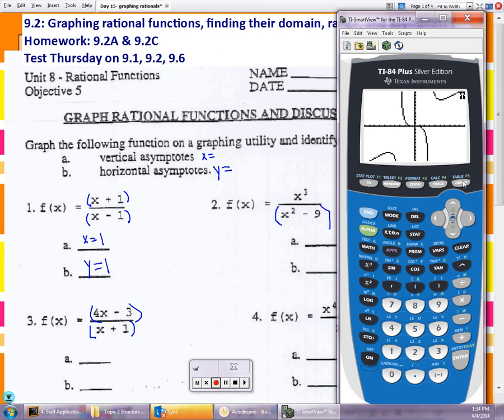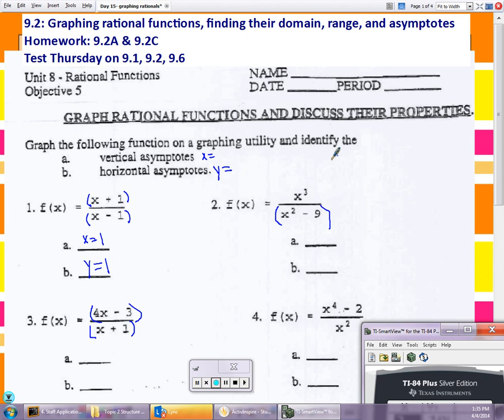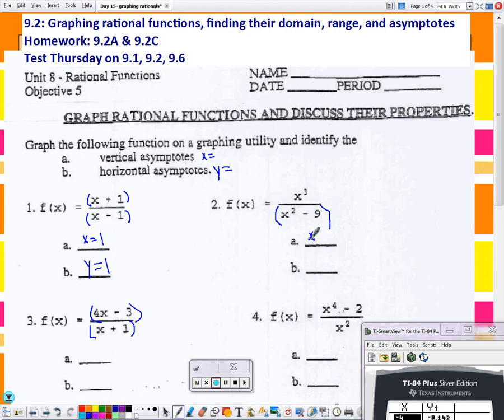So if I want to, I can go and look at my table to confirm that. Oh, there's the error. So clearly there was something interesting going on at 3 and also at -3. So I have vertical asymptotes of x equals 3 and x equals -3, and I have no horizontal asymptotes.